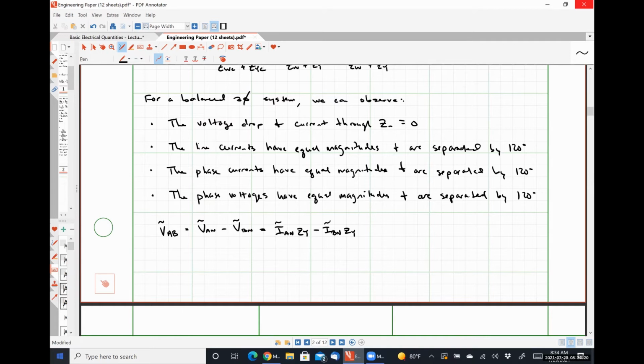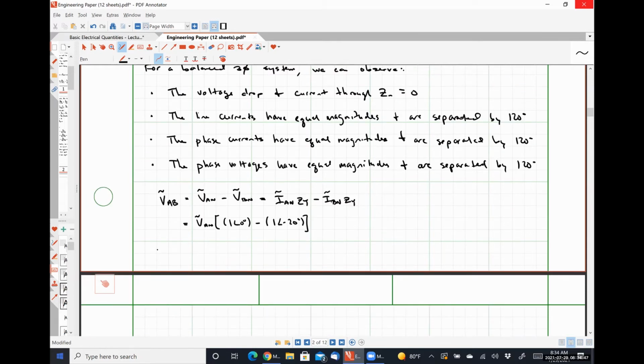So I could think of this as V_AN times 1 angle 0 degrees minus 1 angle negative 120 degrees.